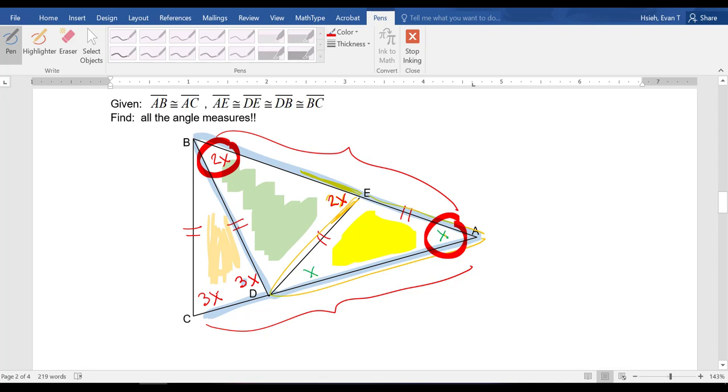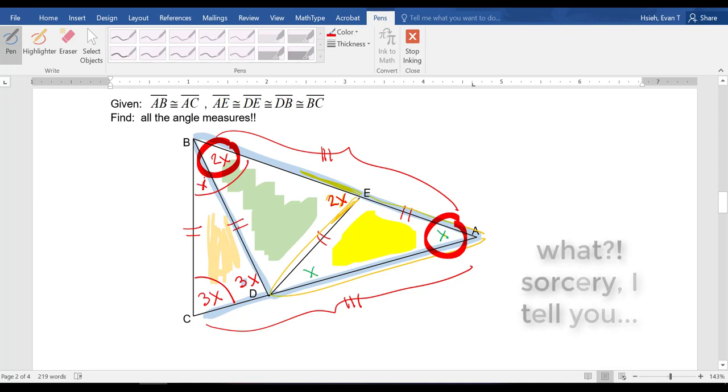Now if you focus your eyes on the entire big triangle, you know that this side right here is equal to this side right here, so the two base angles have to be equal to each other. This angle and this angle must be equal to each other. So therefore, this has to be 3x, and that means that has to be x.